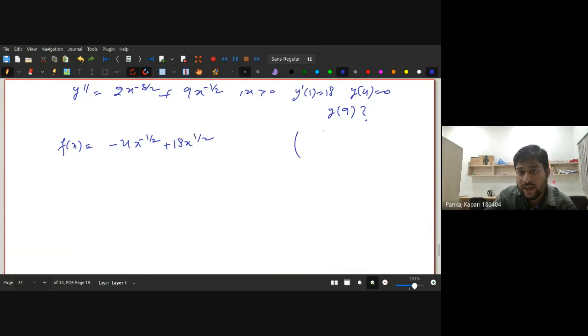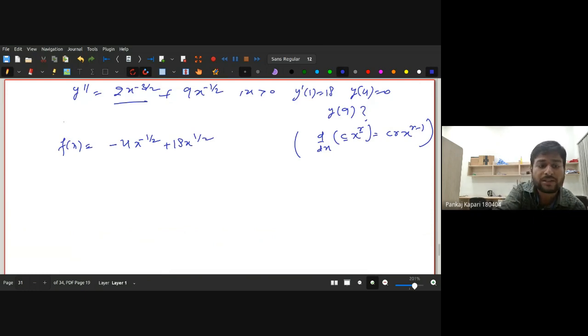We are guessing this function on the basis that if you have a constant c and x to the power r, and you differentiate it, you get c times r x to the power r minus 1. We are guessing both the power and the constant because we know the derivative. We want that after differentiation it should come out as 2 times x to the power minus 3 by 2, and on that basis we guess this function.